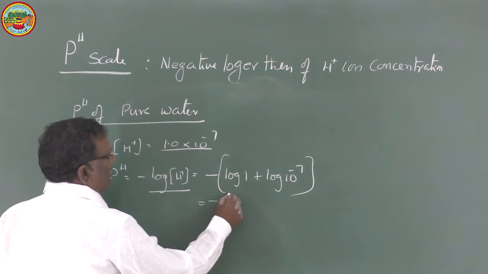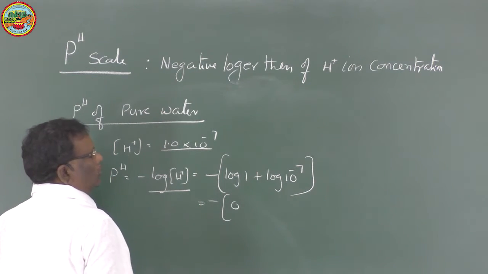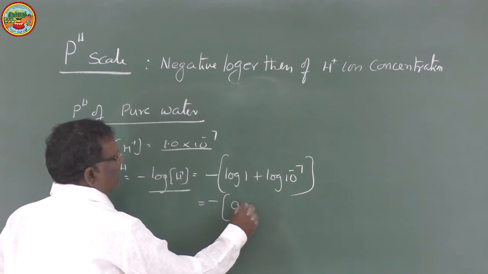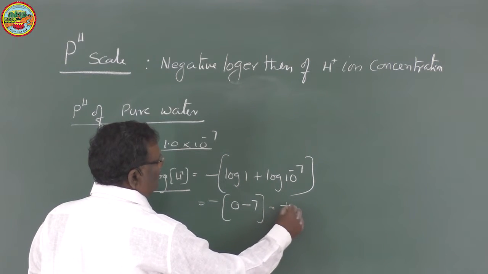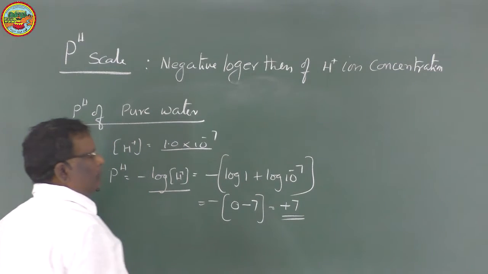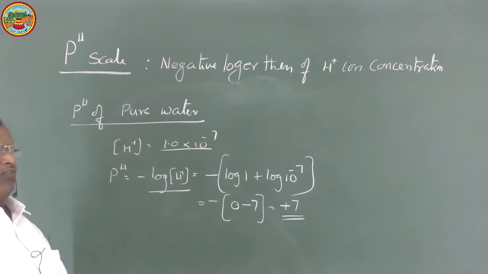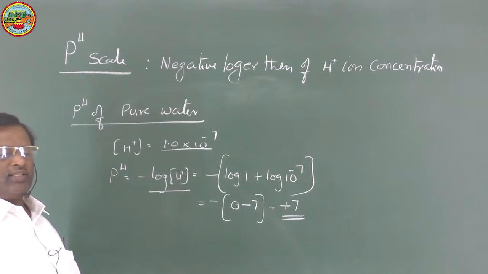Now, minus of log 1 is equal to 0, whereas log 10 to the power minus 7 is equal to minus 7. So it will be equal to plus 7. That means the pH of water is considered as 7.